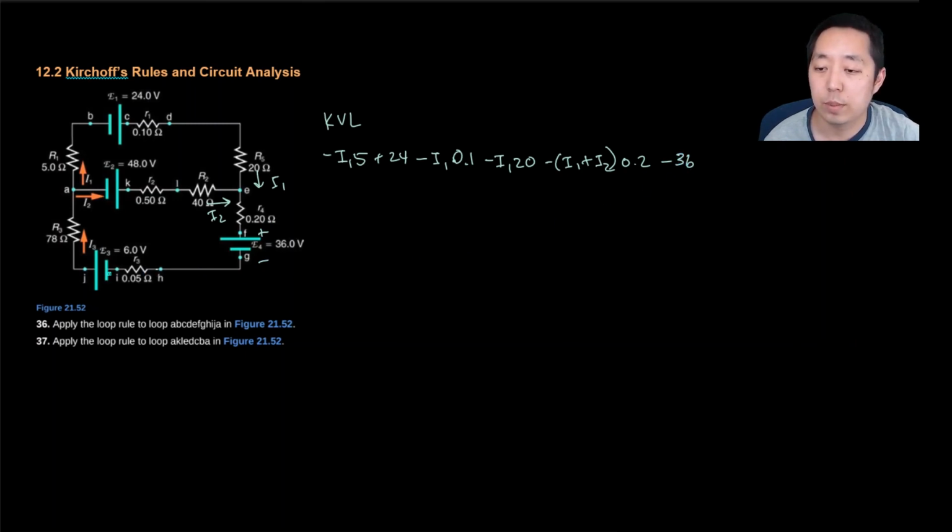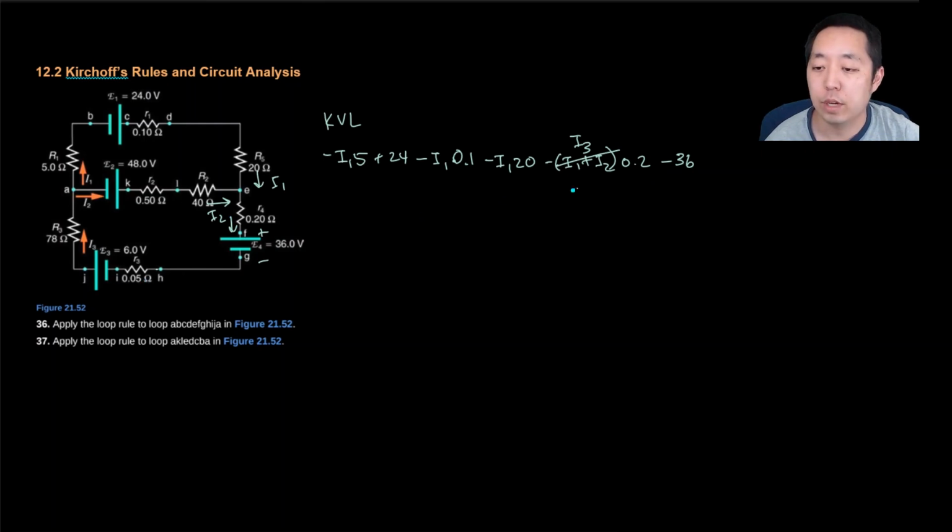You always drop across a resistor. This current, instead of I1 plus I2, you could have used I3. It doesn't matter in terms of setting up your equations. You could have replaced it with I1 and I2, or just said this current is I3. So I'm going to do I3 there.